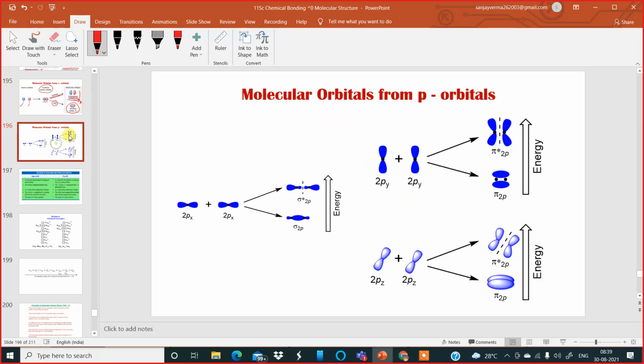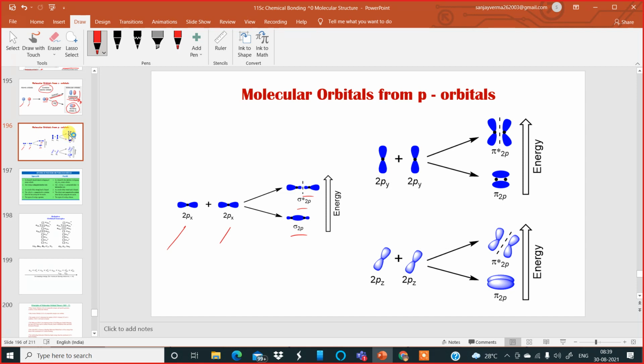Now moving to the next slide, similarly, molecular orbitals from p orbitals, px, py, or pz. We'll talk about px first. When a 2px atomic orbital overlaps with another 2px atomic orbital, there is head-on overlap of two atoms.